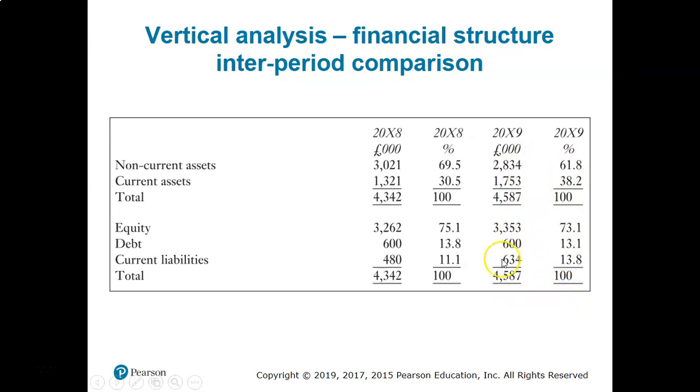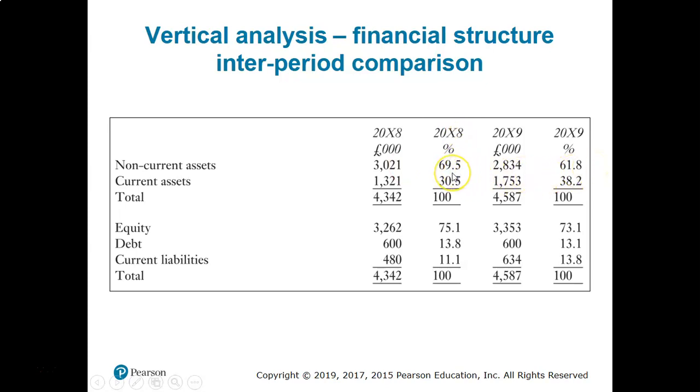If we do that, we can make a vertical analysis, and then we can see what the changes are between the years. For example, in case of current asset, what happened? What's the change from 2018 to 2019?